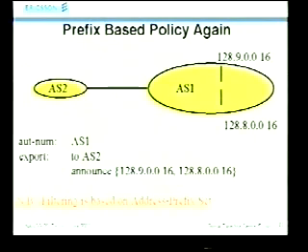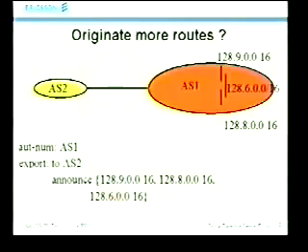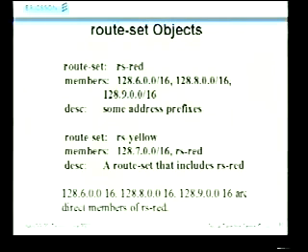This looks okay. What if you start announcing more routes? This could get messy, this could get cumbersome, this doesn't really scale. So you have the route-set object. This is the first of several types of set object we're going to look at. You have a route set, members, these are the members, description, some address prefixes.